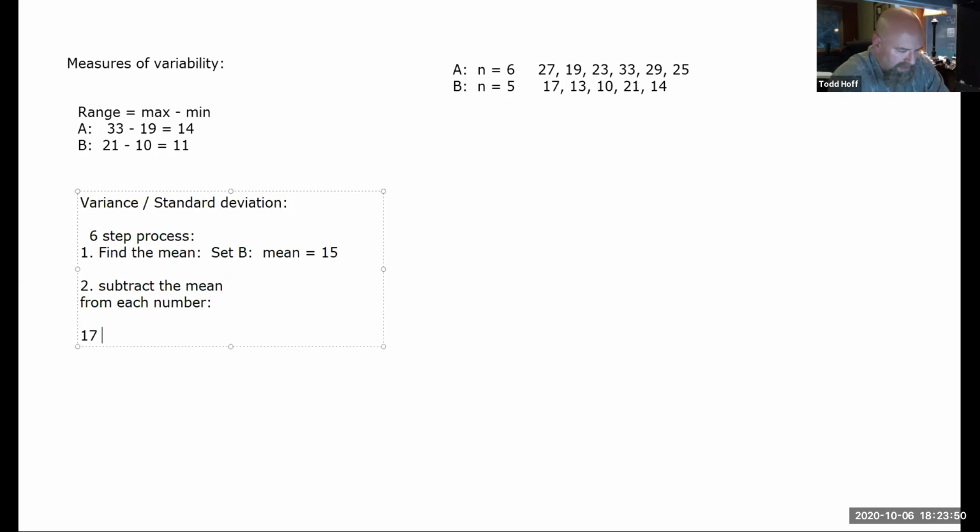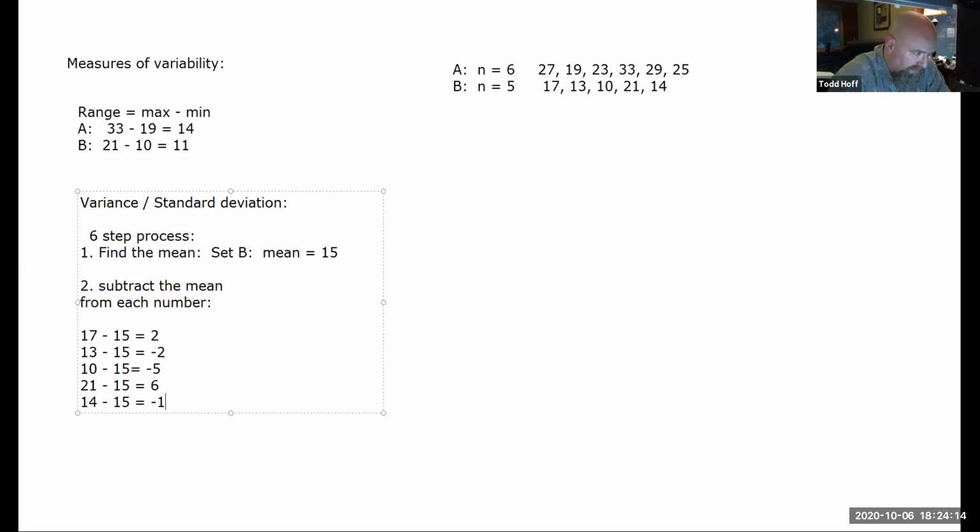So we got 17 minus 15 equals 2. 13 minus 15 equals negative 2. 10 minus 15 equals negative 5. 21 minus 15 equals 6. And 14 minus 15 equals negative 1.